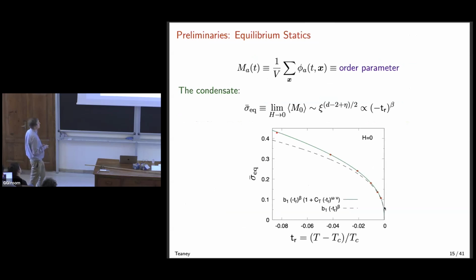With a very small magnetic field, it's supposed to scale like the correlation length to specific critical exponents, or the reduced temperature, T minus Tc, to the power beta. As you see, these are our points, and you can fit them here with the right exponents, and with enough work, it really agrees with very high precision.